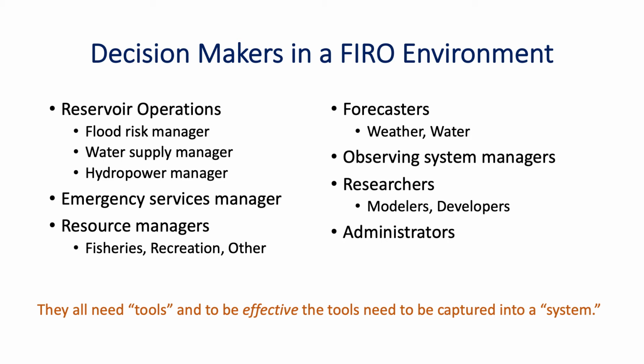We have folks that are managing our observing systems. So they're out planning and working to make sure that the data keep flowing and that we're making observations in the right places and they're available in real time.